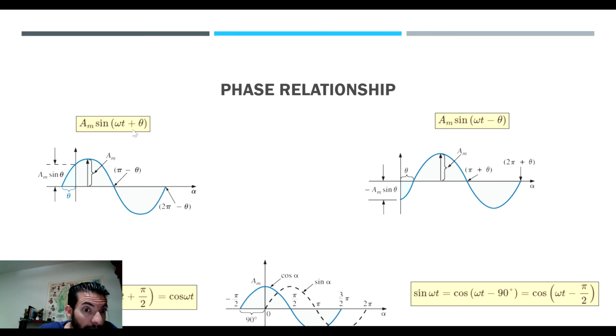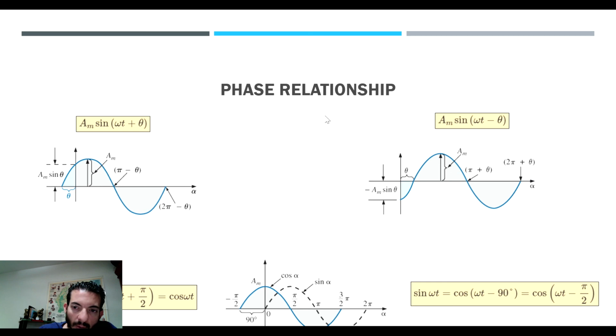It's counterintuitive. When they give you plus, the shift is to the left, because this point now has shifted by a value of theta. Okay, so when it's plus, the wave shifts to the left.